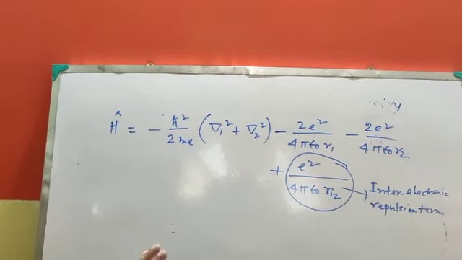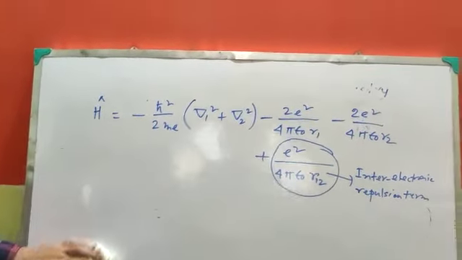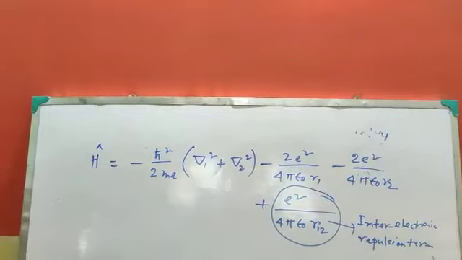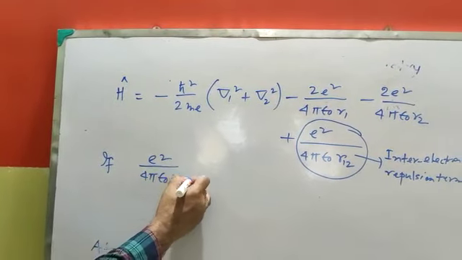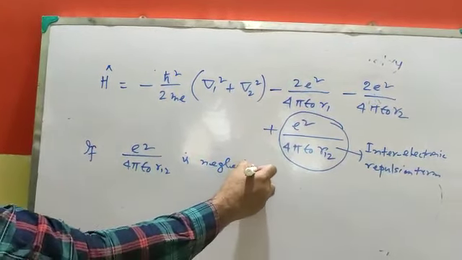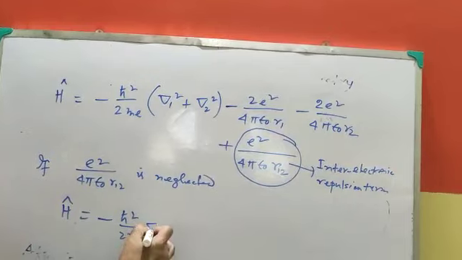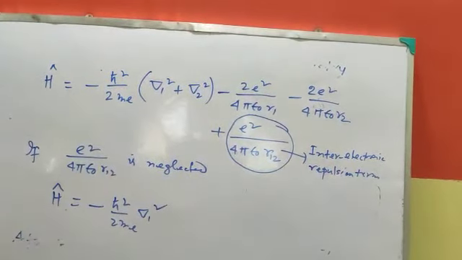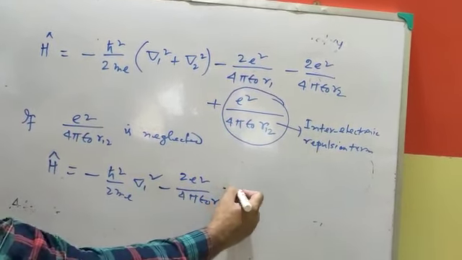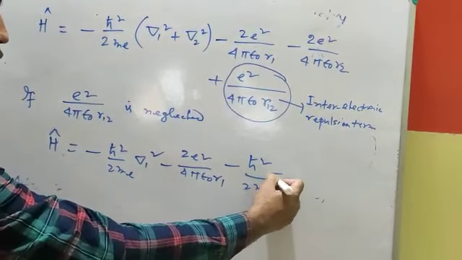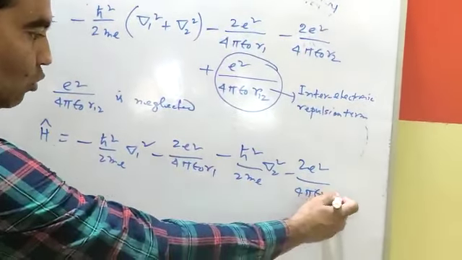What I am saying is that if this interelectronic term is not there, then we can write this equation. If e² by 4πε₀r₁₂ is neglected, then the Hamiltonian becomes H₁, minus ħ² by 2mₑ ∇₁² minus 2e² by 4πε₀r₁, plus minus ħ² by 2mₑ ∇₂² minus 2e² by 4πε₀r₂.